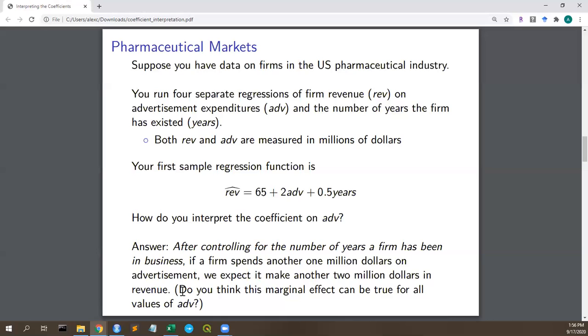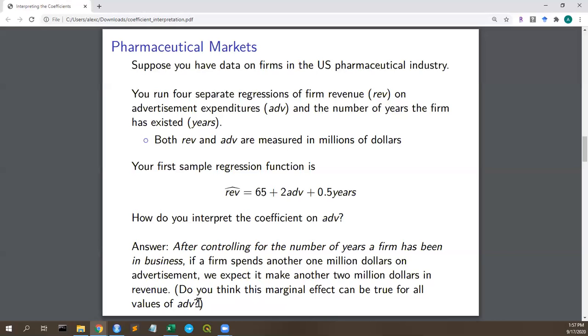So the question here is, do you think this marginal effect can be true for all values of advertising? Probably not, right? Once you're spending millions and millions, and in a crazy world even billions of dollars on advertising, that extra $1 million is probably not going to give you all that much of a return. If you're increasing your advertising budget from $1 million to $2 million, that's doubling.